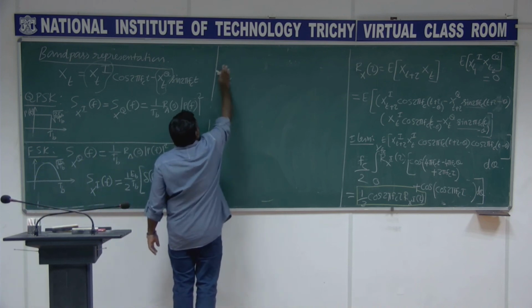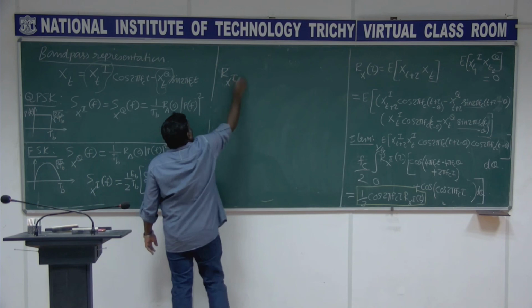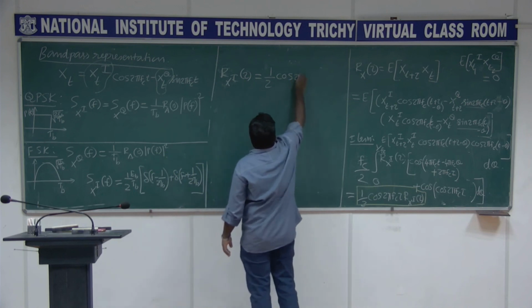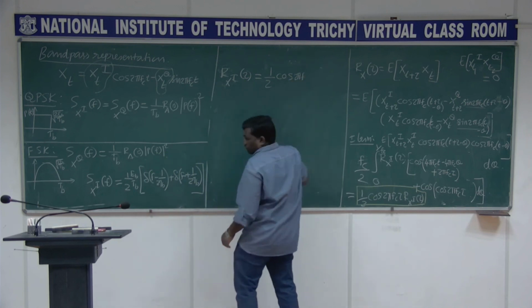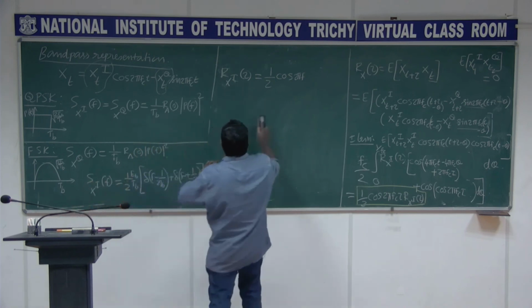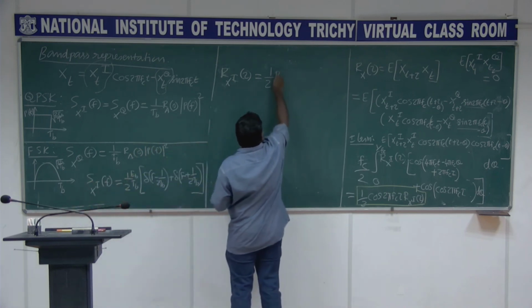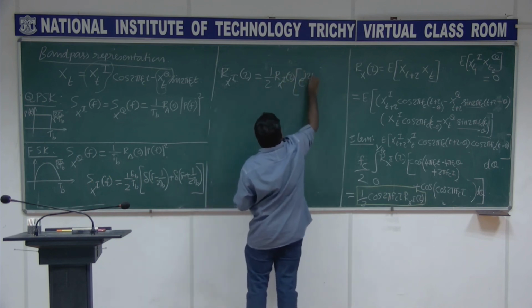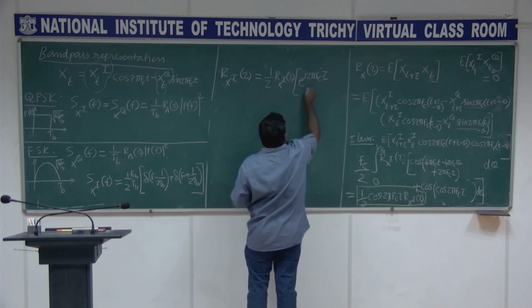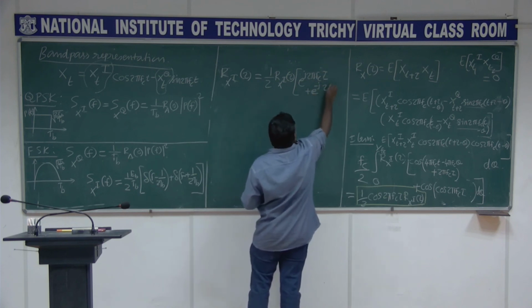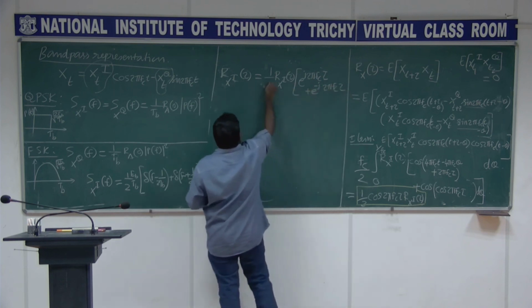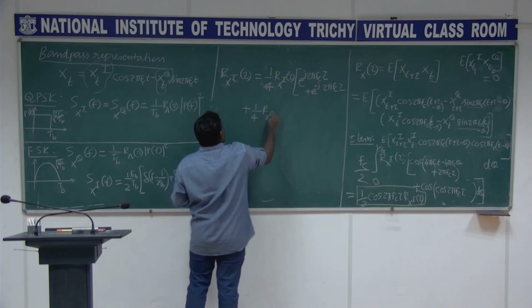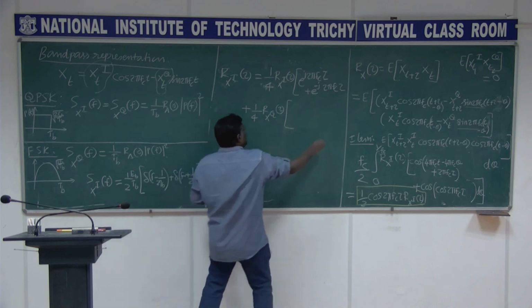R_xI(tau) is the first term, of cos 2 pi fc tau.